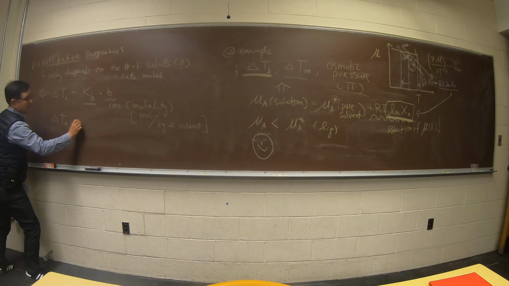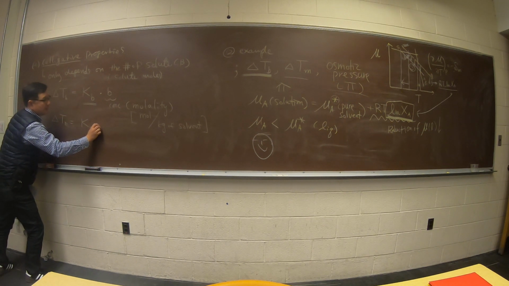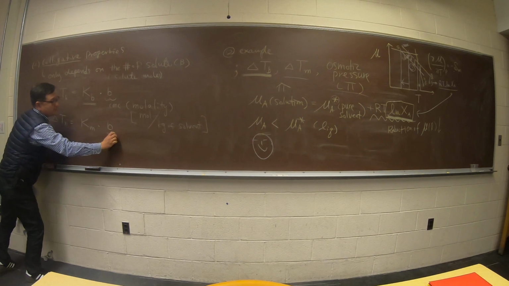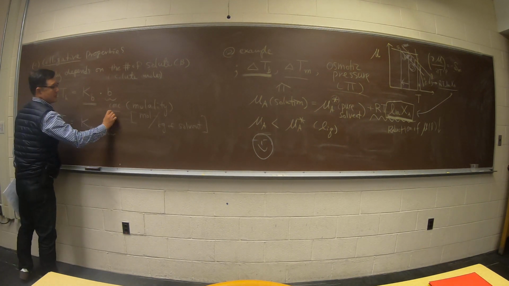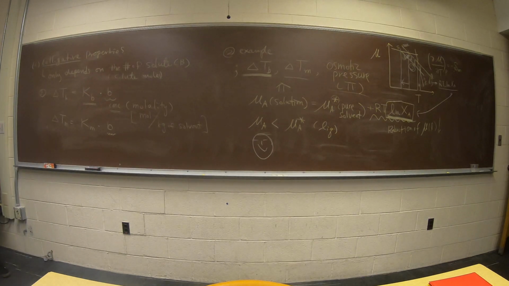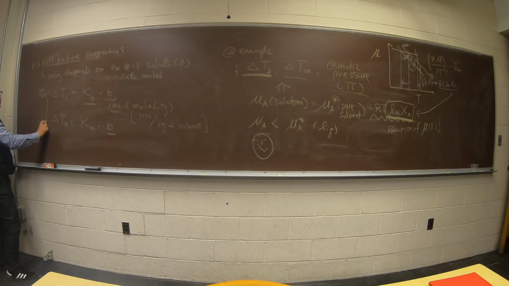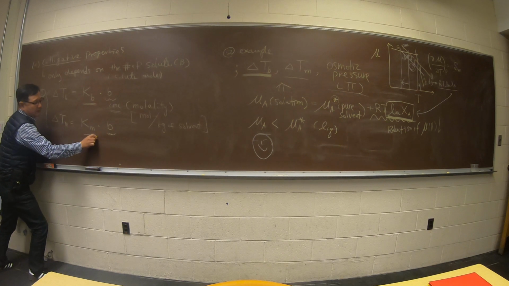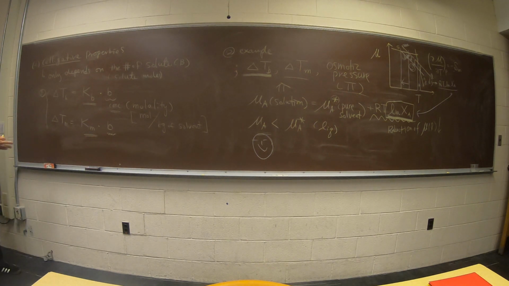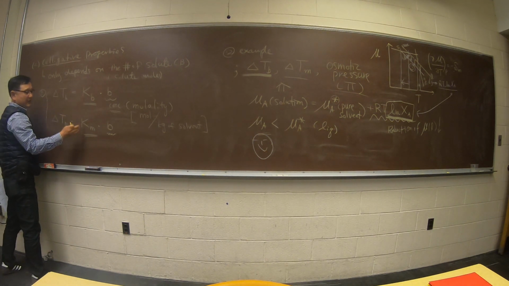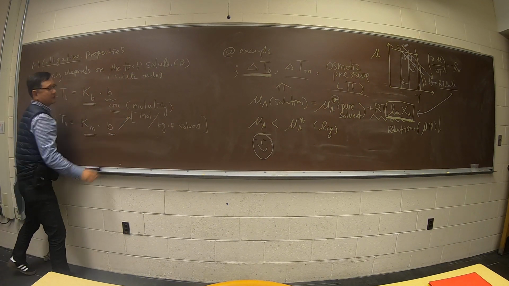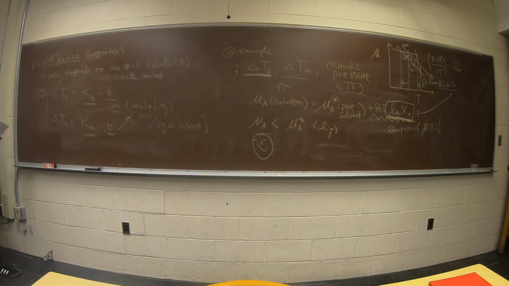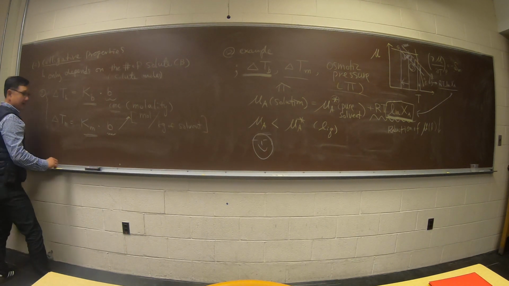The melting point depression is Km times b. It's just a matter of choosing what concentration unit, and the community that tabulates colligative properties uses concentration in terms of molality.